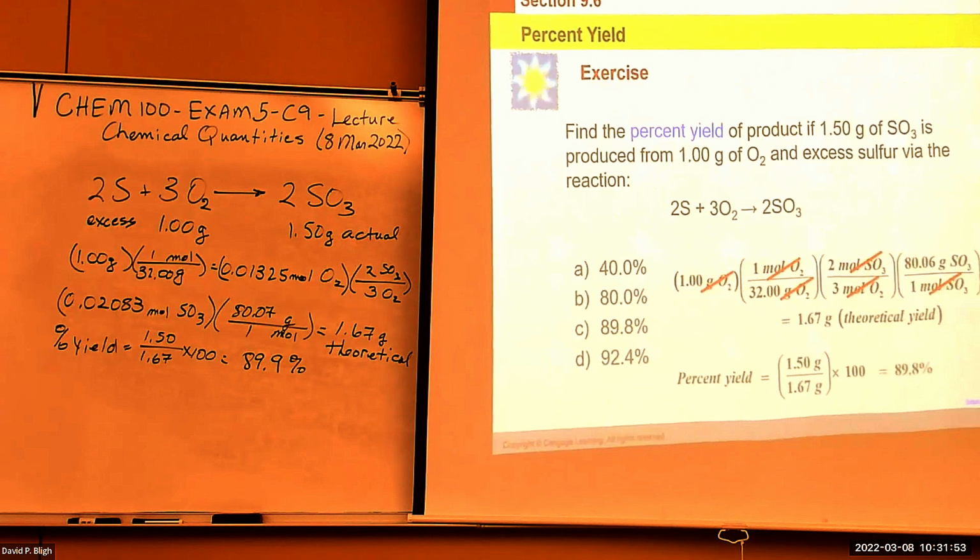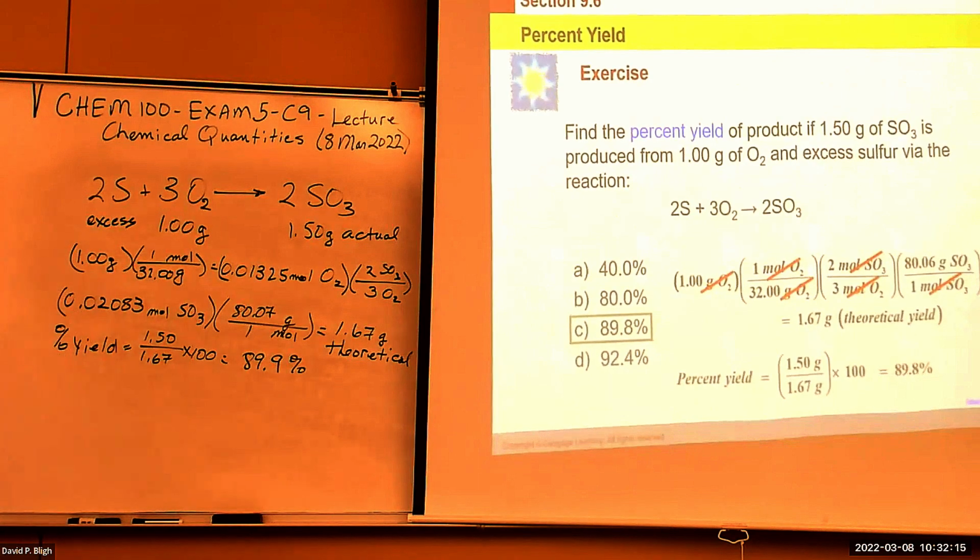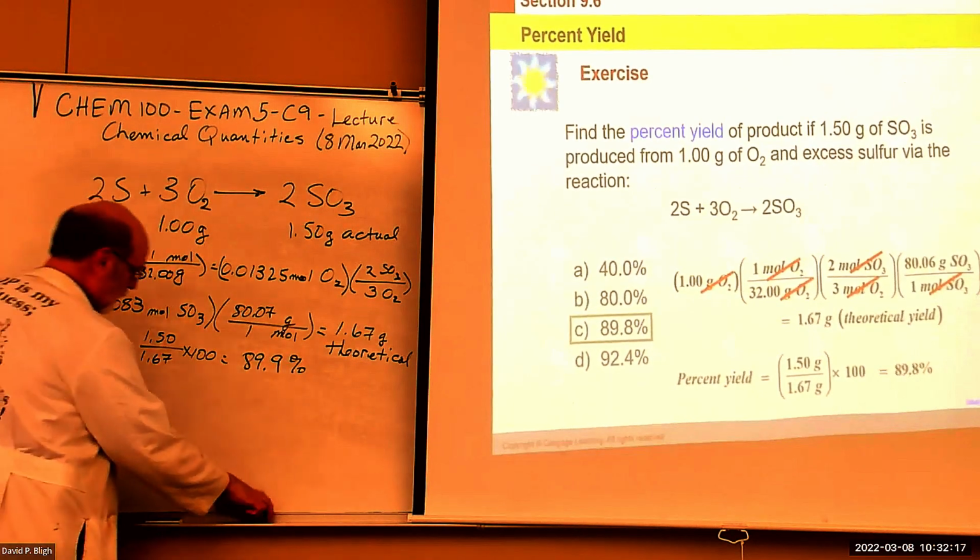And that gives us, well, now, should be 89.9. 1.5 divided by 1.67, let me do that again. Okay, I was right the first time. So that's how you do percent yield.